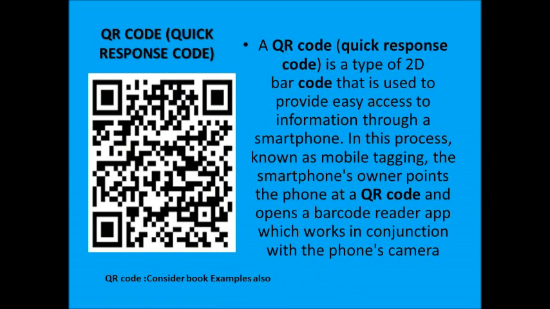After that, we have quick response code readers. The simple example is your WhatsApp. If you have WhatsApp on your mobile and on your computer also, you can connect both of them.